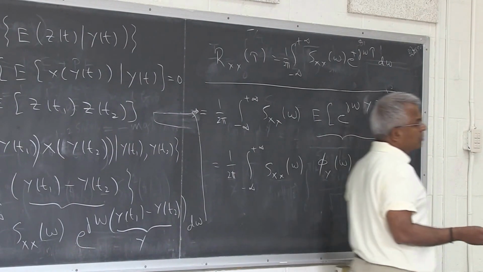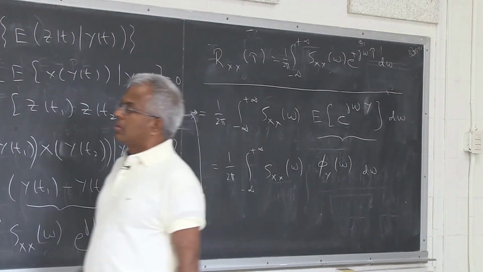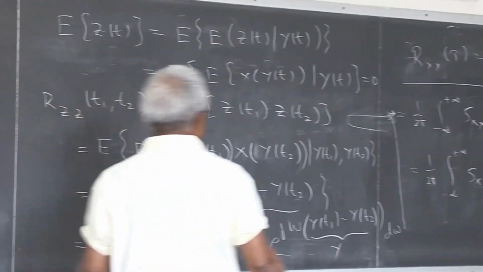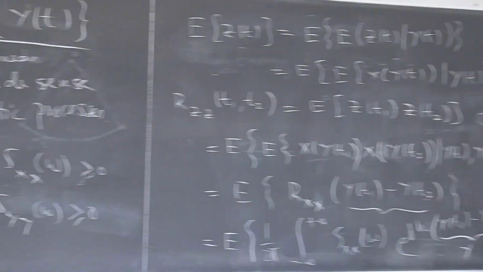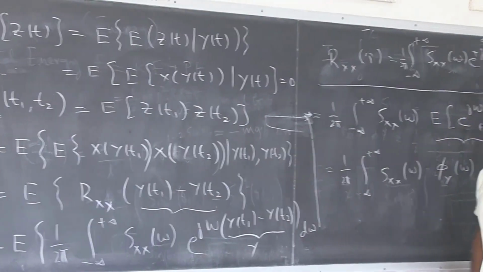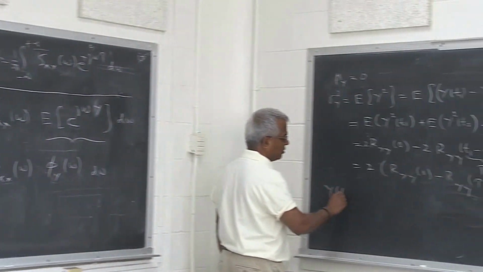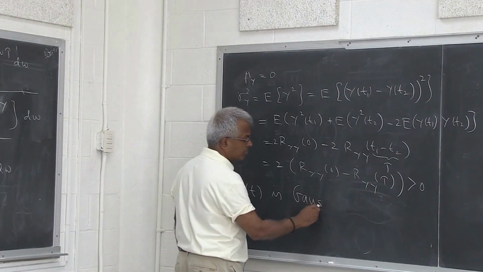In general, z of t need not be wide-sense stationary, because this quantity could depend on the higher order moments, unless y of t is Gaussian. So let's say y of t is a Gaussian process.